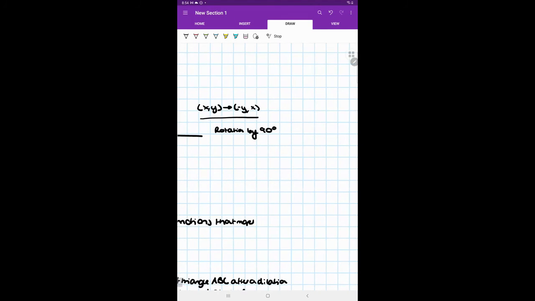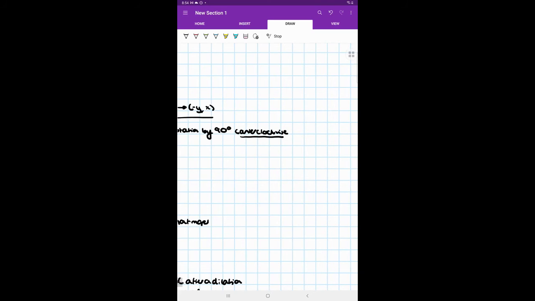It's good to specify the direction when you're answering, so counterclockwise. That is the standard, but I can imagine them taking off points if you don't specify counterclockwise. Rotation by 90 degrees counterclockwise.